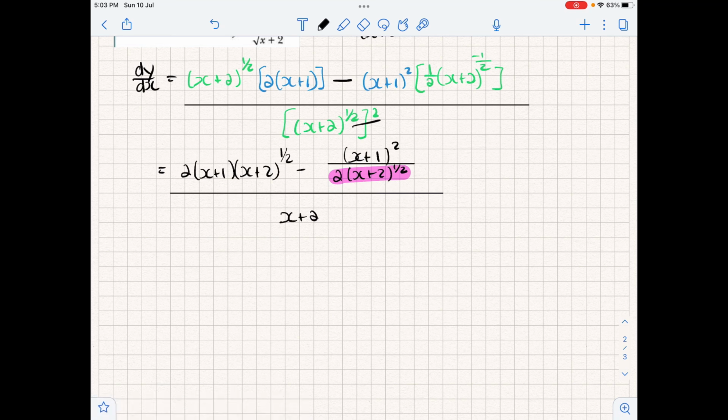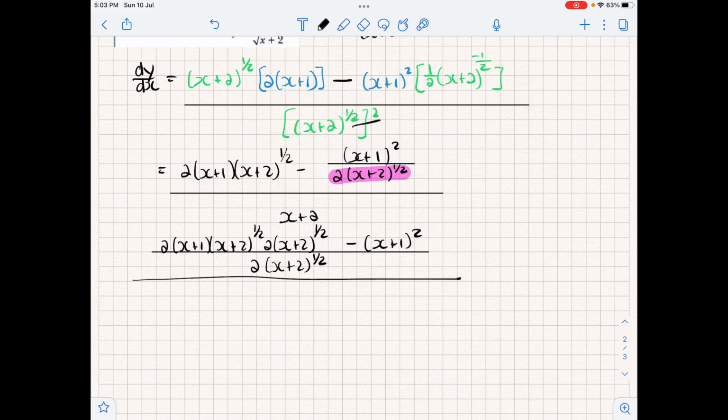I'm going to take 2(x + 1)(x + 2) to the power of a half and multiply it by 2(x + 2) to the power of a half, and then I'm left with this minus (x + 1) squared, and all of this now is over 2(x + 2) to the power of a half, which is all over x + 2.